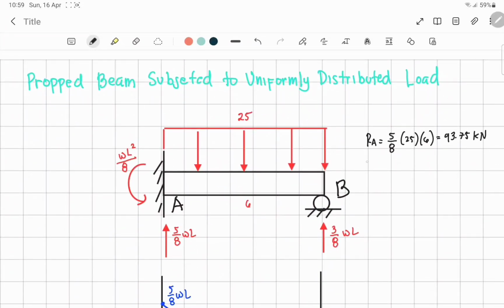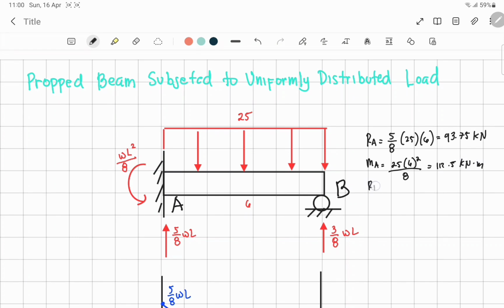And then, moment at A naman, okay, nakalagay dyan na WL squared over 8. 25 times 6 squared over 8. Our answer is equal to 112.5 kilonewton meter.